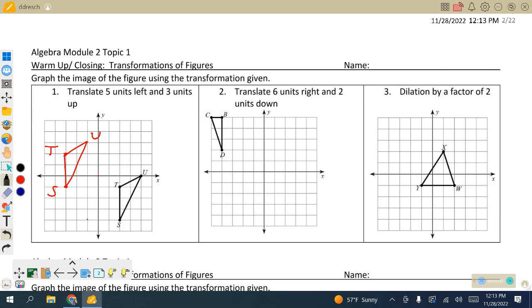Okay? Now, getting into a bit more work here, remember what you might have done in previous years. What we do here is give these new locations a little apostrophe up above. In math, we call those primes. You say S prime, T prime, and U prime.